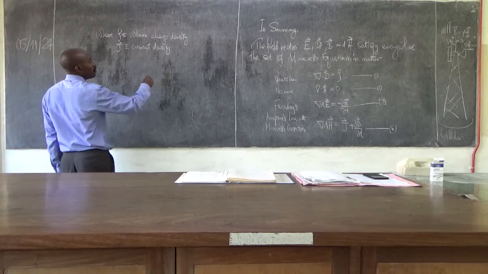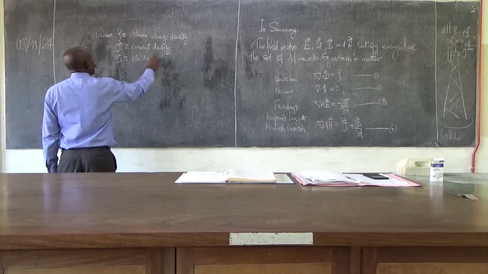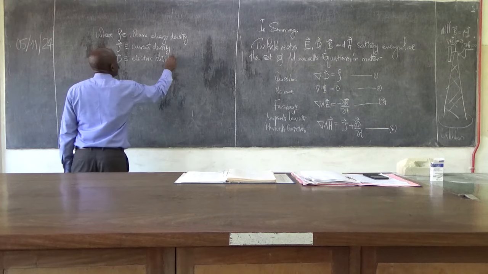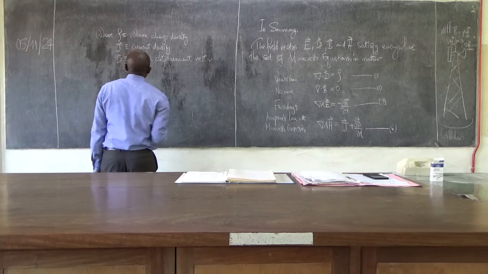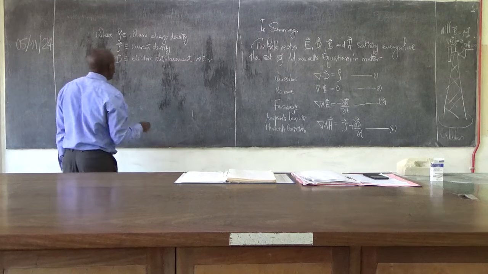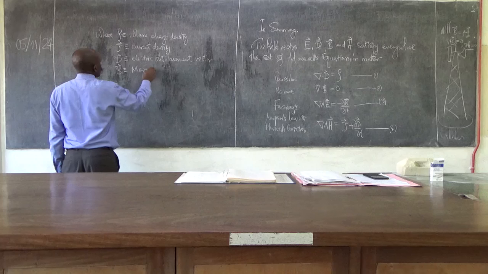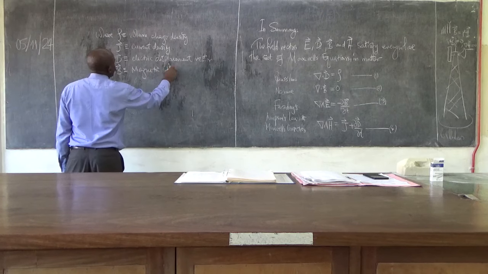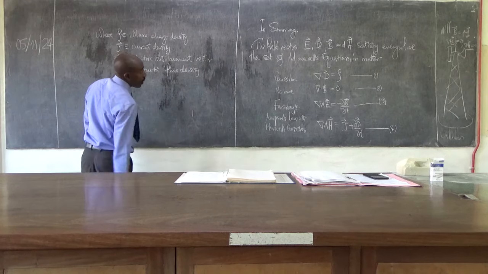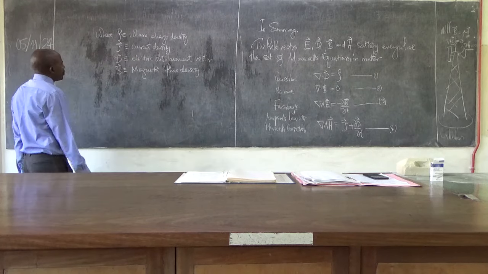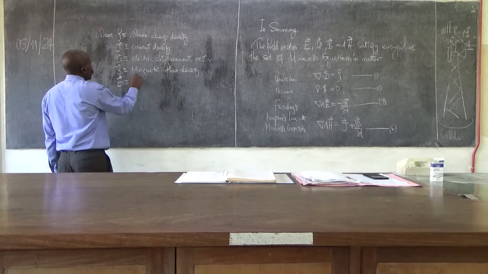So let me just put them in order. D is the electric displacement vector. B is the magnetic flux density. E is the electric field density.